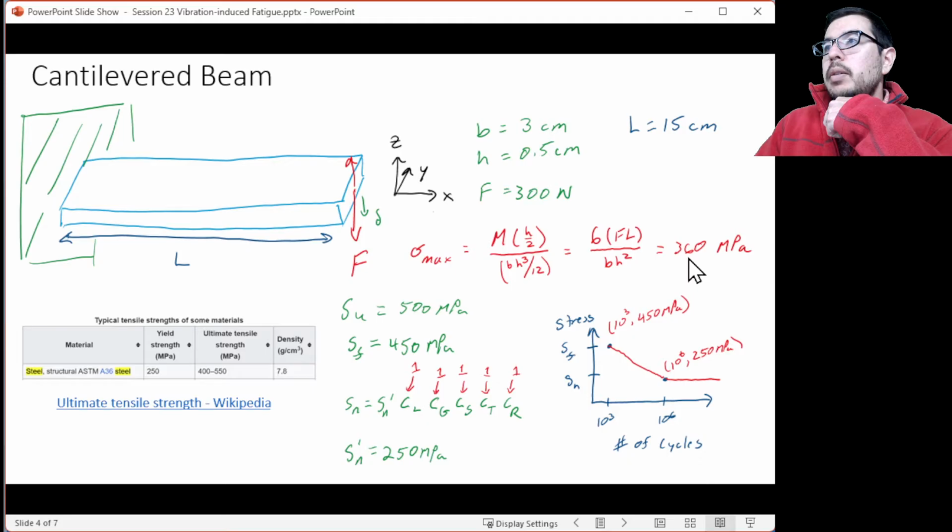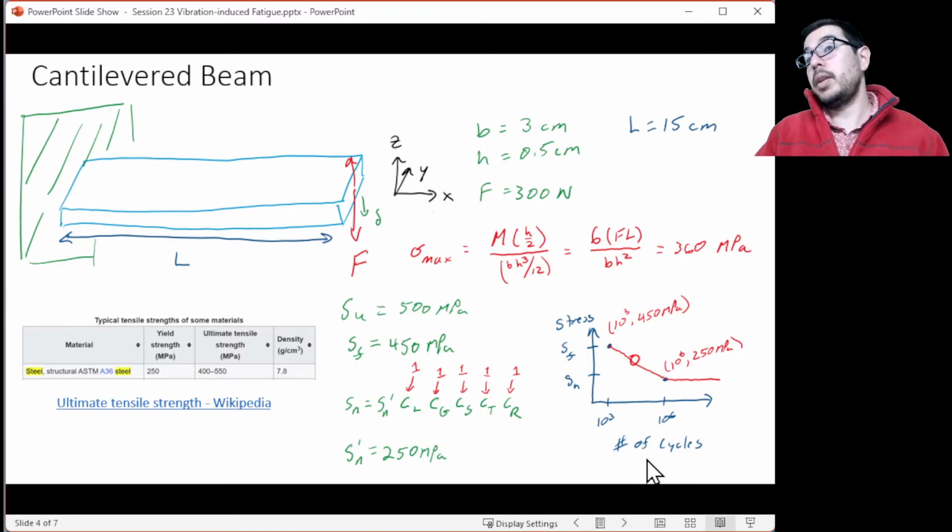Where is this point? This point is somewhere maybe around here, right? It's between 250 and 450. Now, I'd like to draw a line down and figure out how many cycles we're going to get out of this simulation.